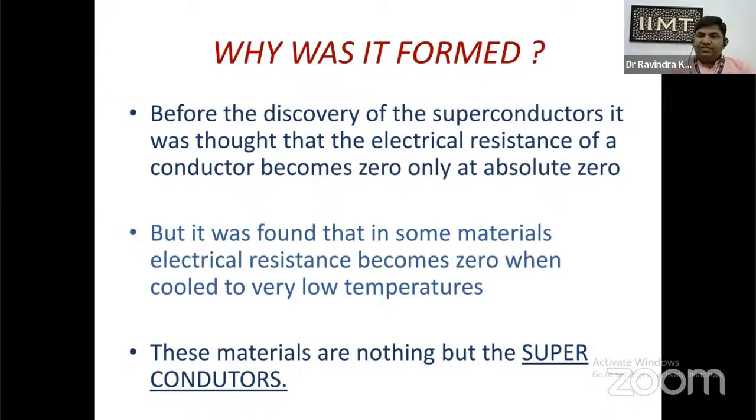It was found that in some materials electrical resistance becomes zero when cooled to very low temperature, such as we have seen in the case of mercury, that at 4.2 Kelvin we get the superconducting state. Even if we use some more materials, we can make superconductors of iron, tin, and so many materials.